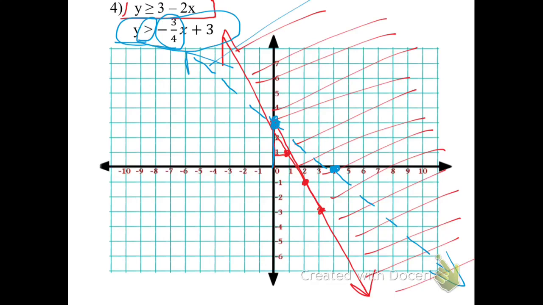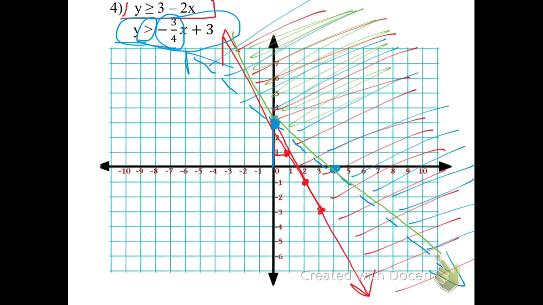So we're going to shade this way from our line. And so remember, with systems of inequalities, the part that gets double shaded is the solution region. So that's this part here. Then I'm coloring it in green. That's your solution part. Okay, and that's the end of the homework.